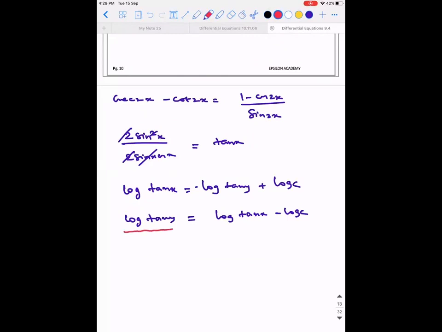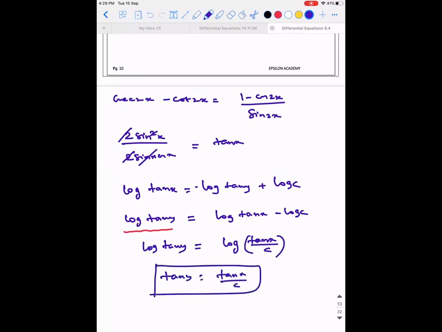Because in your textbook, every answer will be given as y is equal to something. So I need only y on the left hand side, and all other x and constant terms on the right hand side. If I do this, then we get log of tan x divided by c is equal to log tan y. Then we can say tan y is equal to tan x by c. So this will be the required general solution.